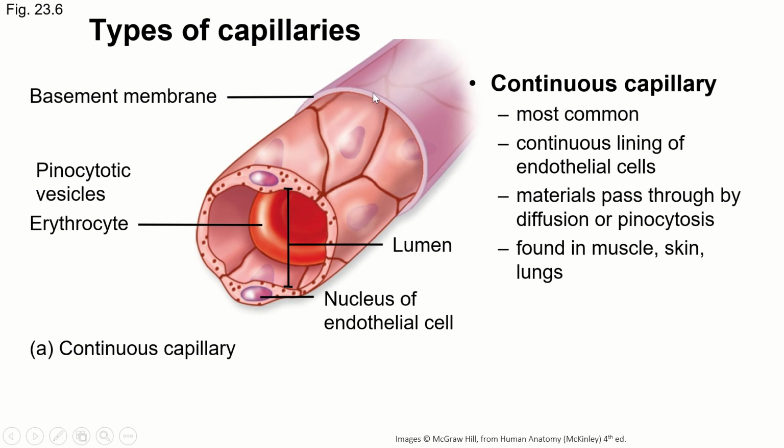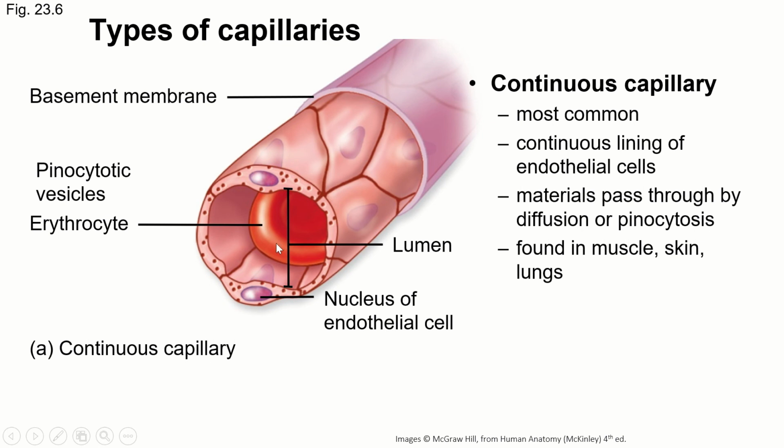The main, most common type of capillary is what we call a continuous capillary, meaning that the wall of the capillary is continuous. All the epithelial cells are connected to each other, and in order for something to go from the lumen of the capillary to the tissues outside, it has to go through these cells.